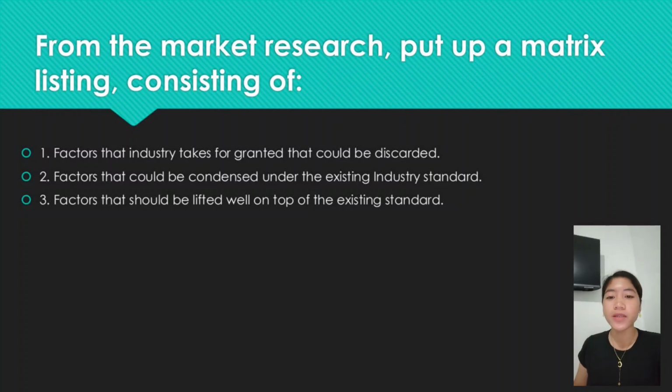Next is market research. Before making a strategy canvas, companies gather market research to list the key factors that define competition in their industry. They decide first what factors can be eliminated because they no longer add value. Then, what can be reduced to save cost. Then, what should be raised to improve quality and satisfaction.